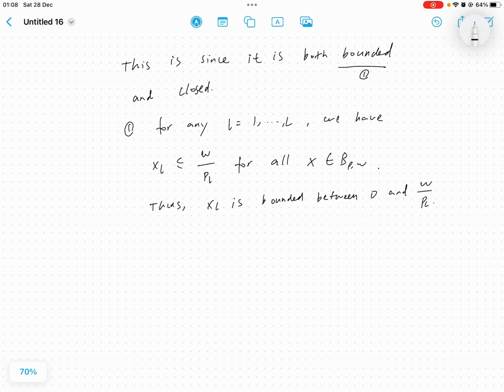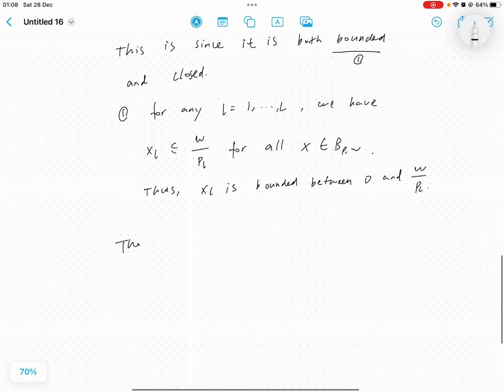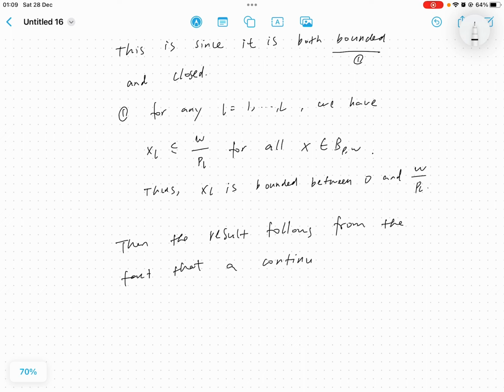All right, so let's finish this argument. Then the result follows from the fact that the continuous function, which is our utility function u(x), always has a maximum value on any compact set.